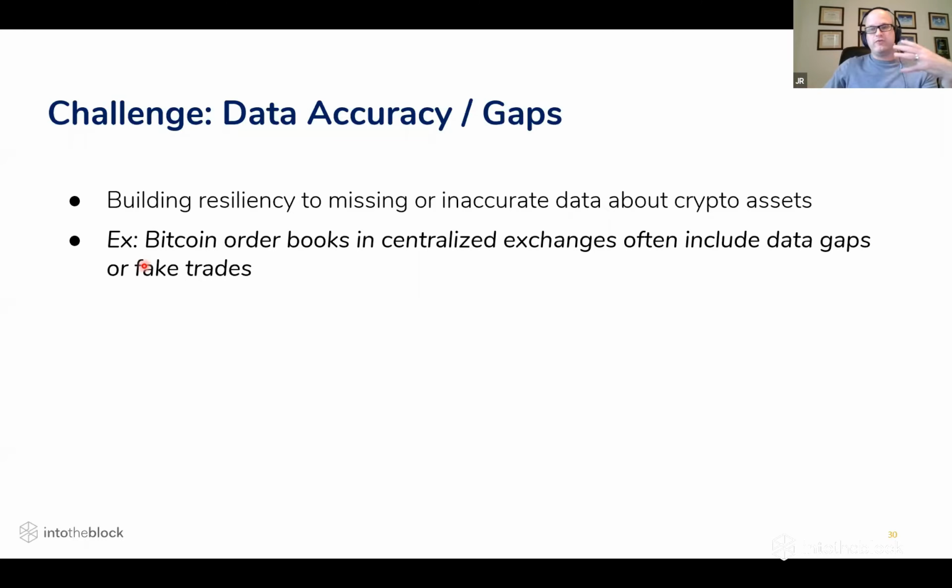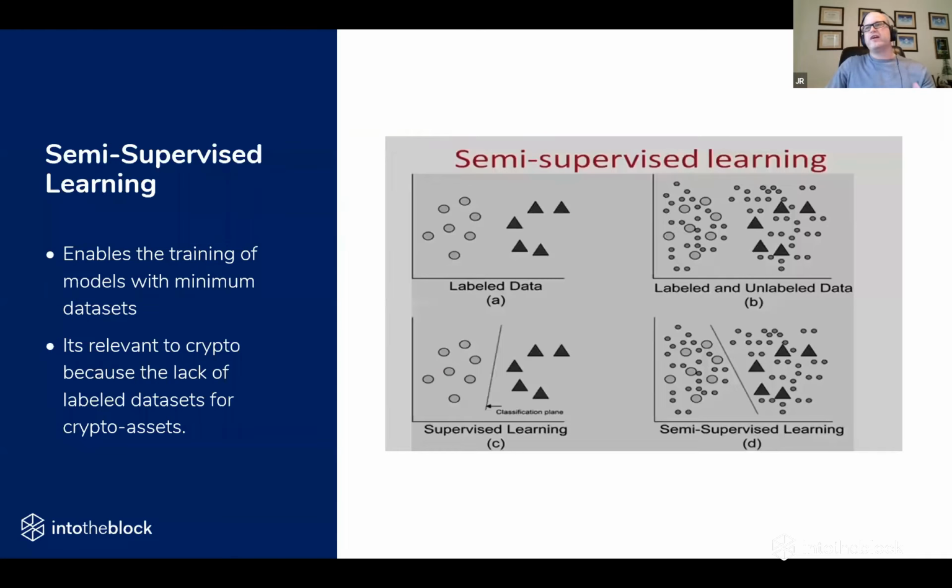If the model starts missing data, it starts making stupid predictions, and sometimes you need to make predictions or train a model in circumstances in which there is not a whole lot of data. So an area that we're very excited about is semi-supervised learning, the idea that I could train a model in the absence of a full data set.